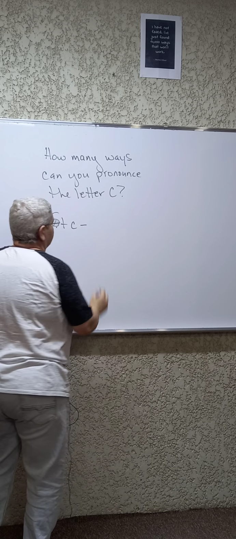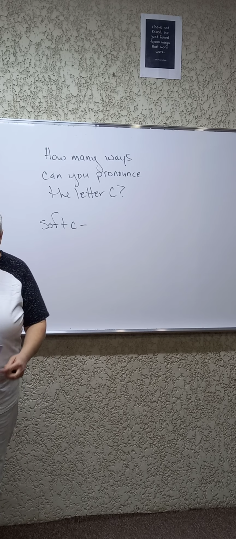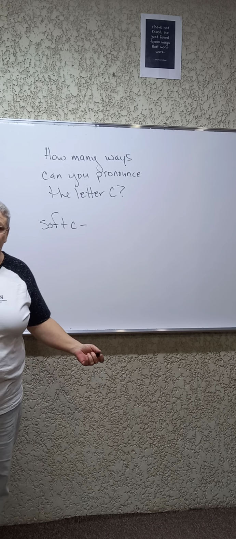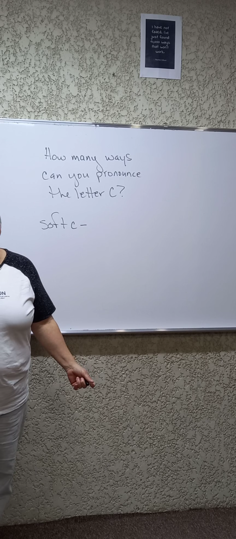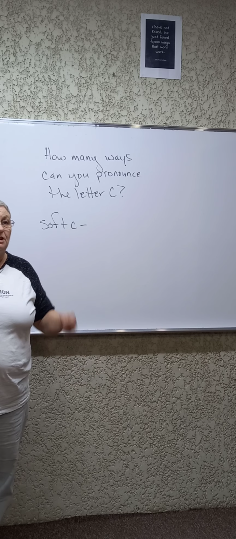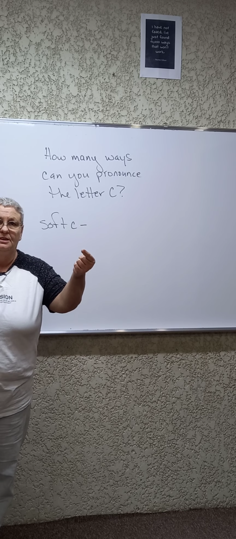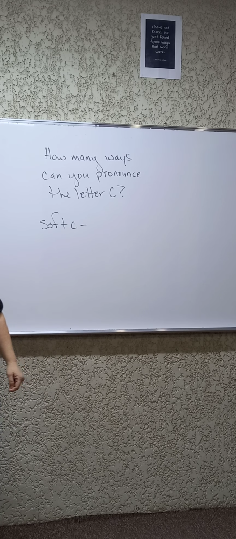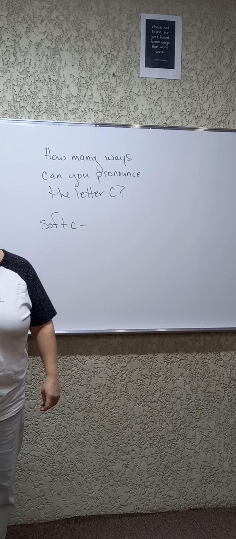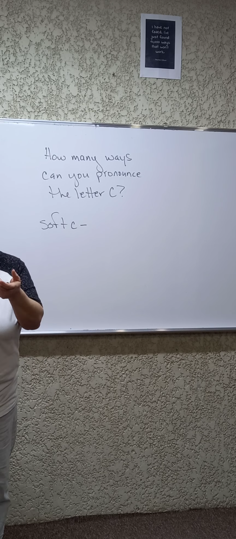The soft C. The soft C, I mean, by itself, C sounds like the word see, like you see something, yes? But the soft C is less common when pronouncing full words.